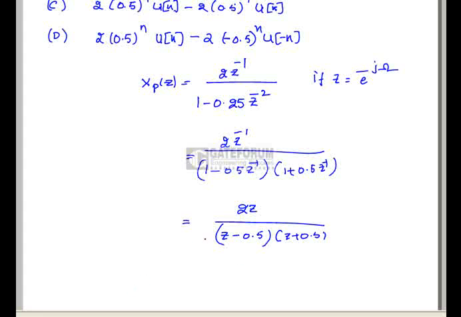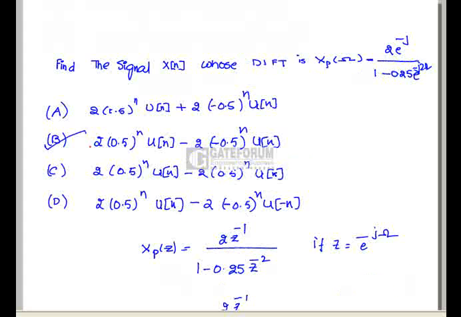In order to get x of n, we can take the inverse transform of this equation by applying a partial fraction expansion. Then we can get x of n as 2 into 0.5^n u of n minus 2 into (minus 0.5)^n u of n, which is option B. Hence B is correct.